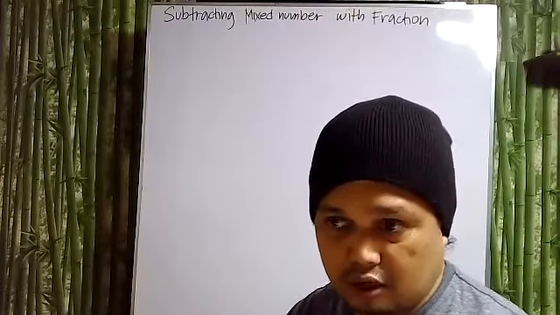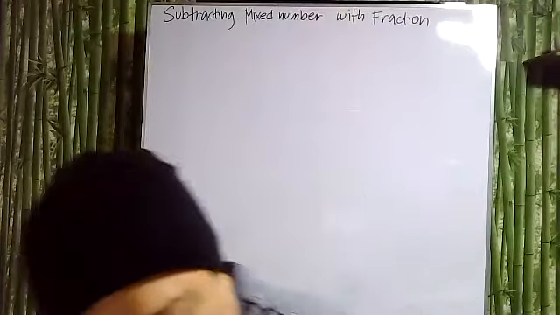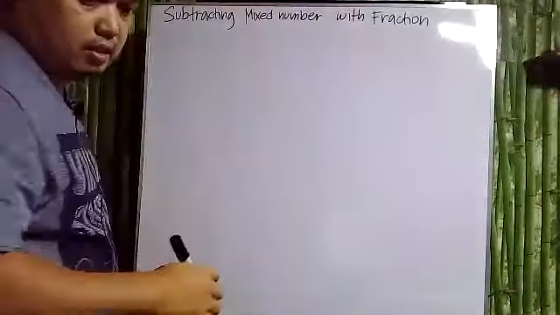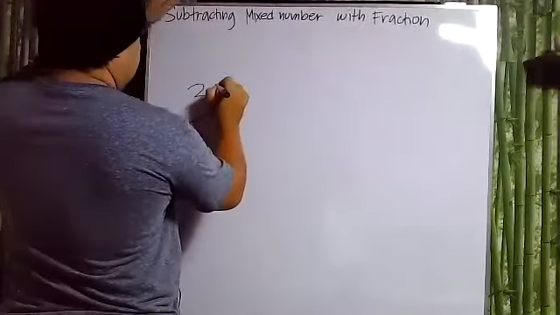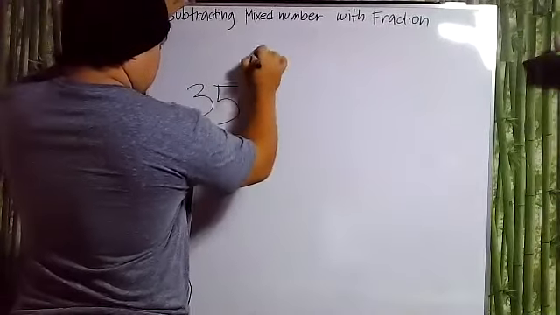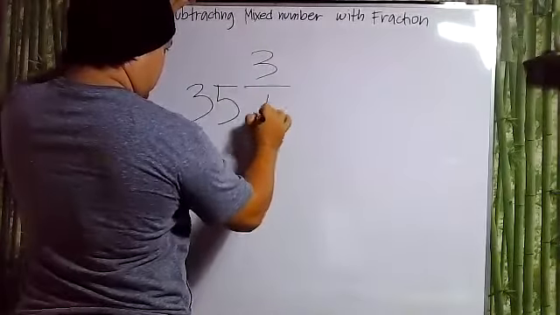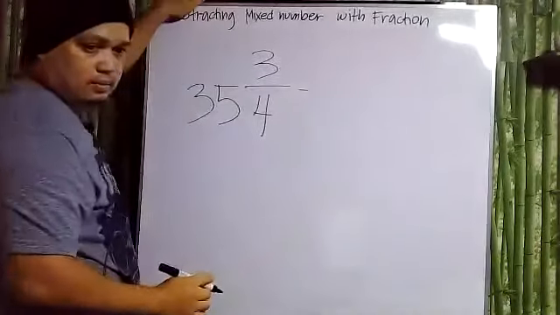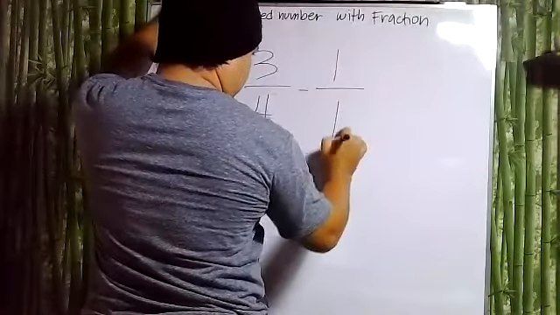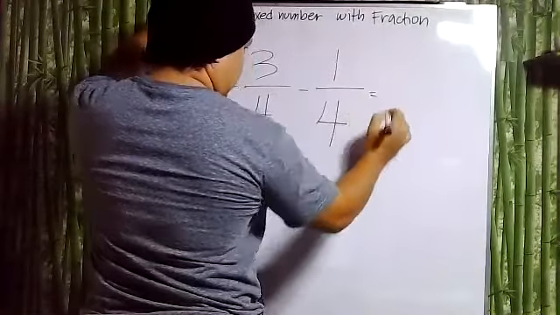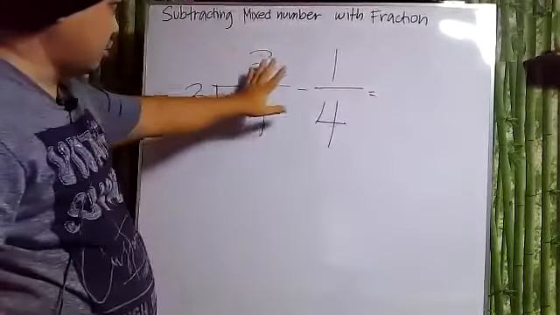Okay. So let's have our first example, and that is 35 and 3/4 minus 1/4. So we have here similar fractions.